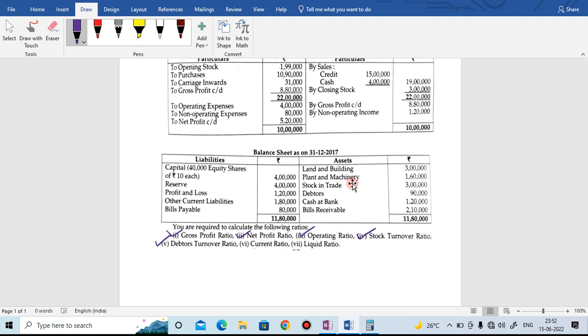So what is remaining? Stock in trade, debtors, cash at bank and bills receivable are current assets. Now stock in trade amount is 3 lakh rupees, debtors 90,000, cash at bank 1 lakh 20,000, bills receivable 2 lakh 10,000. Add all these four things, then it will be the current assets.